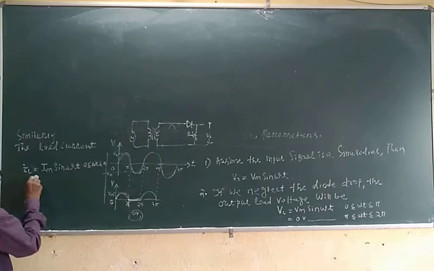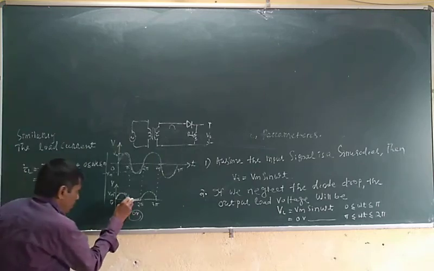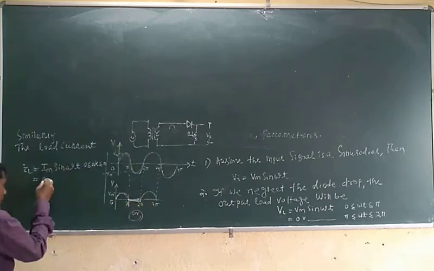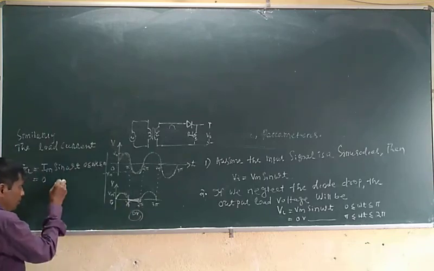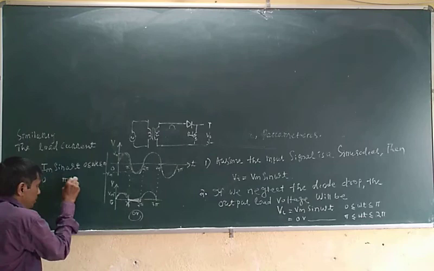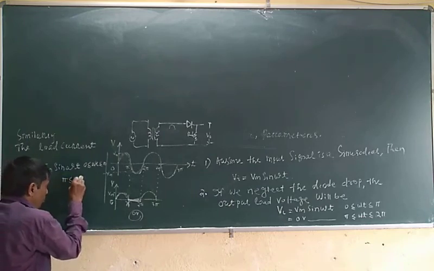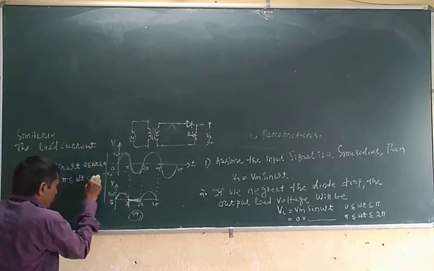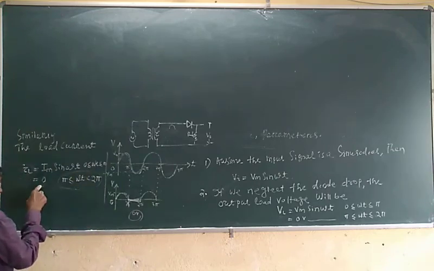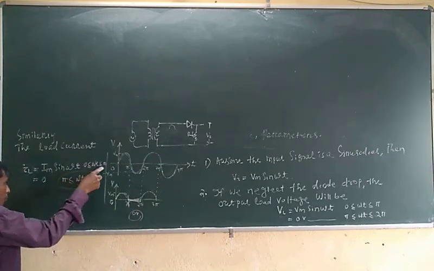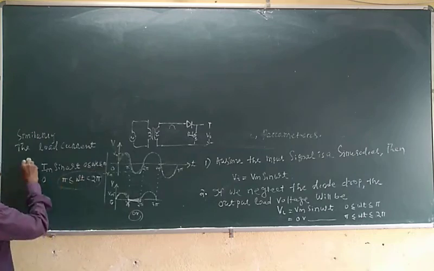Again IL equals 0 current in the period pi less than or equal to omega t less than or equal to 2 pi. So during pi to 2 pi the current will be 0, but during 0 to pi the current will be Im sin omega t.